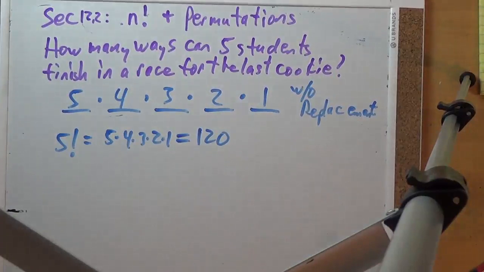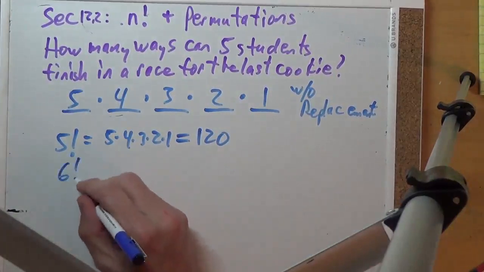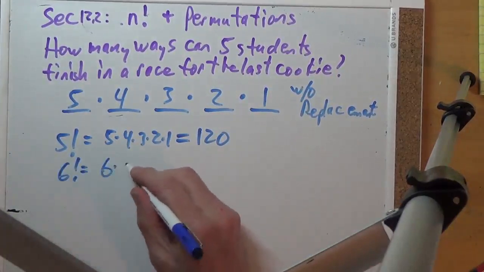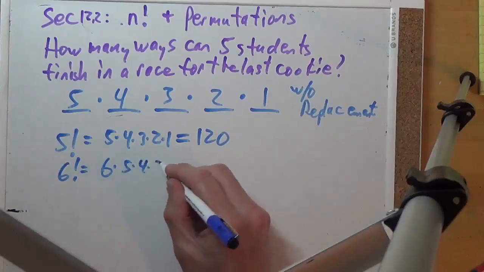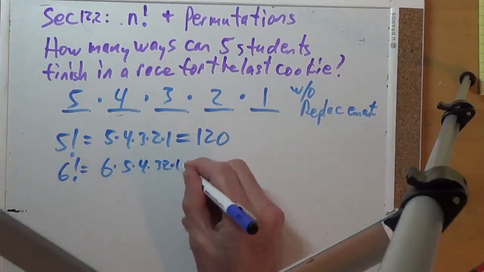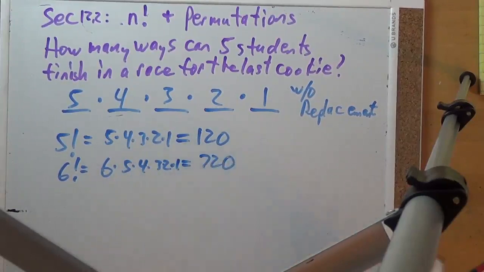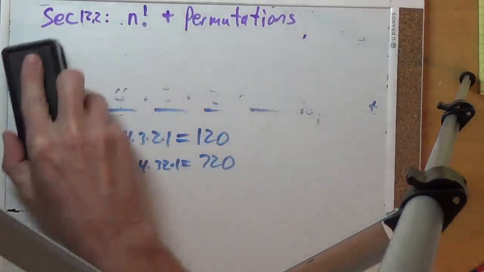So if you did 6 factorial, you would add a 6 to the list. You just multiply it all the way down to 1. So we want to find this button on our calculator. I'll show you on mine.